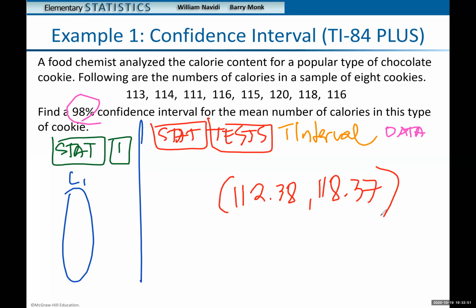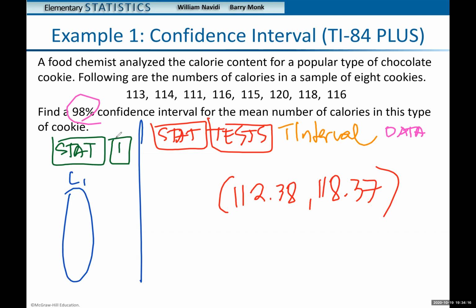Yes. All right. So how do you interpret these results? Anyone?